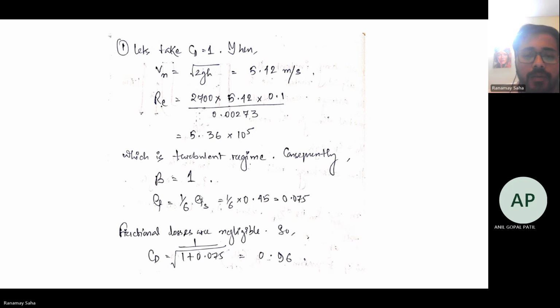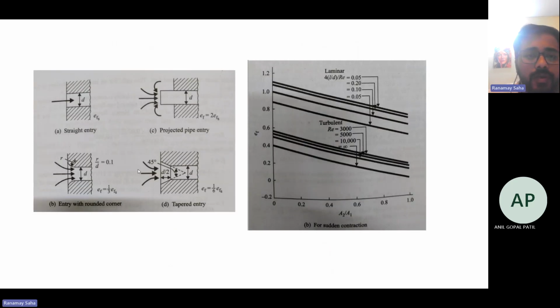You can find it out from this kind of demonstration. This data will be provided to you. There are different situations, such as straight entry, projected pipe entry, entry with a rounded corner, and entry with a tapered corner.